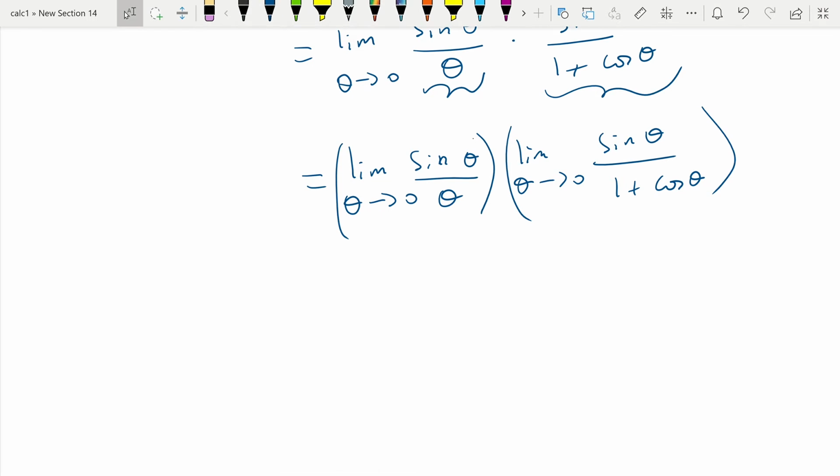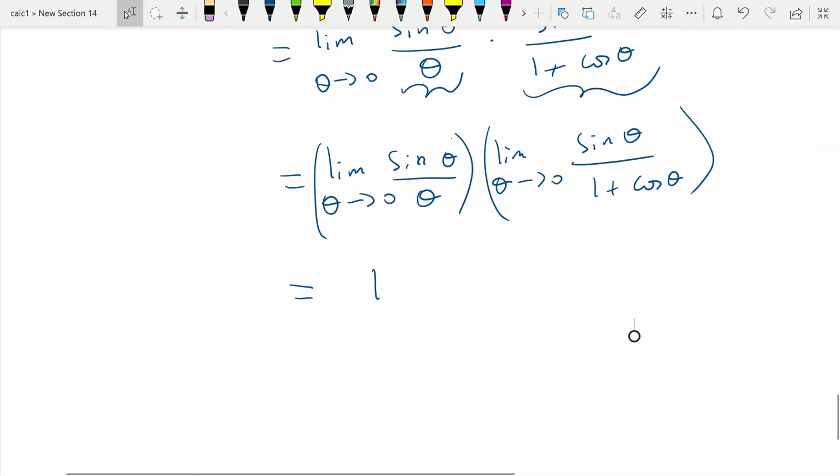Here we know that the first limit is equal to 1, because we just computed it, and the second one is a continuous function. Remember, the only problem for a quotient is when the denominator vanishes at the point, which is not the case, because cosine of 0 is 1, so you just get 2. So what you get is sine of 0, which is 0, over 2, and 1 times 0 over 2 is just 0. So this is the limit that we wanted to compute.